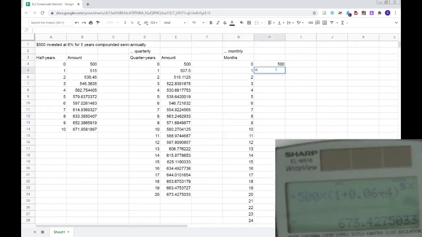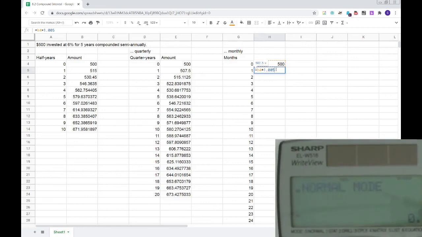Now I'm going to take that $500 and I'm going to grow it by 0.5% each month. 0.5% because 6% divided by 12 is 0.5%.